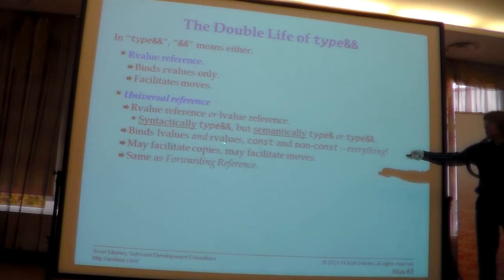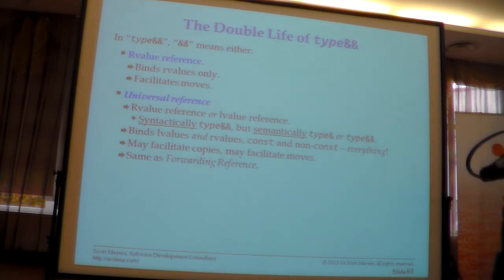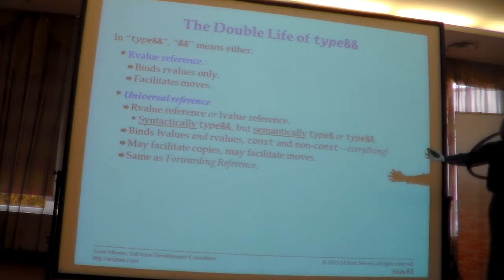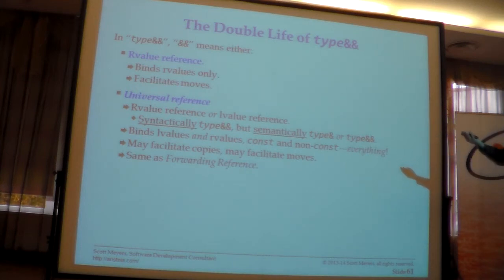It binds L-values and it binds R-values. It can take const and non-const. It binds everything. It's universal. Anything that can be bound to a reference can be bound to a universal reference. It might facilitate copies. It might facilitate moves.